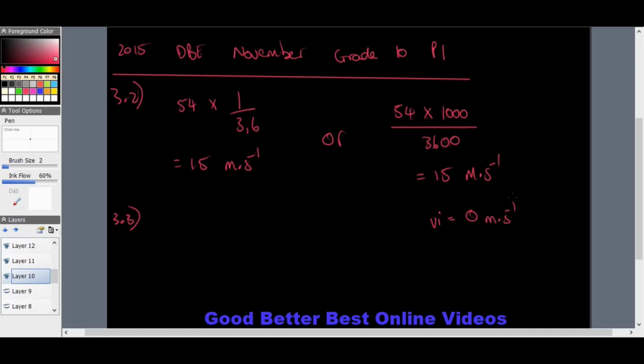Whenever you see words like from rest or at rest, then you know it is starting from 0. Vf is equal to 20 meters per second because he reaches 20 meters per second and then he travels at that constantly, and he accelerates at 2 meters per second squared. What is the time it takes for him to reach this velocity?